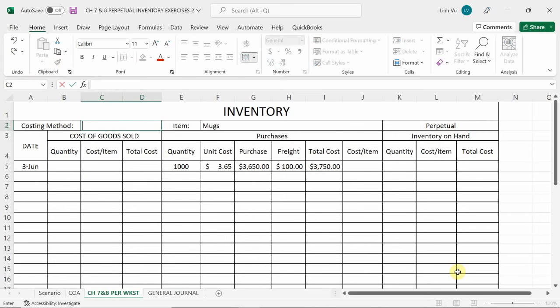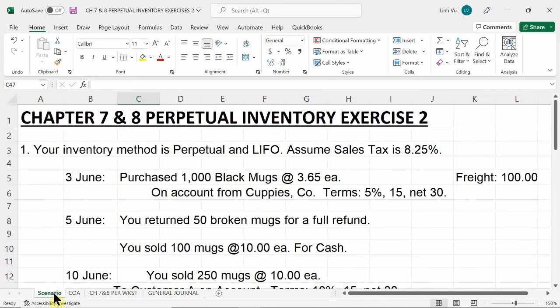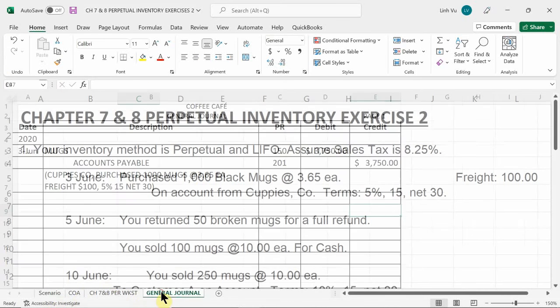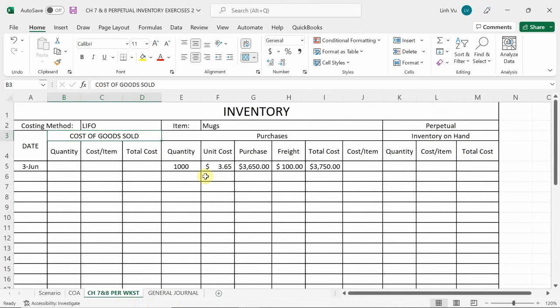not moving average, but we're doing LIFO, right? Okay, so we're doing LIFO. So therefore, we need to calculate our cost per item.